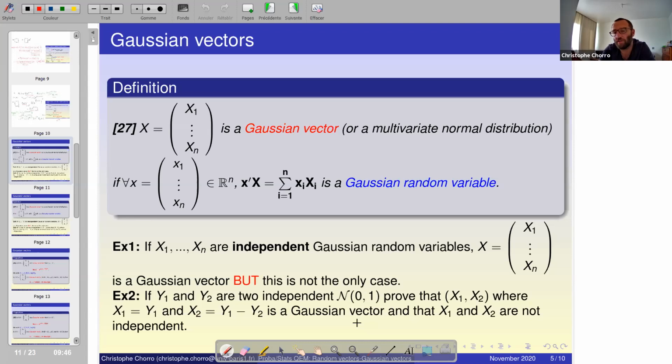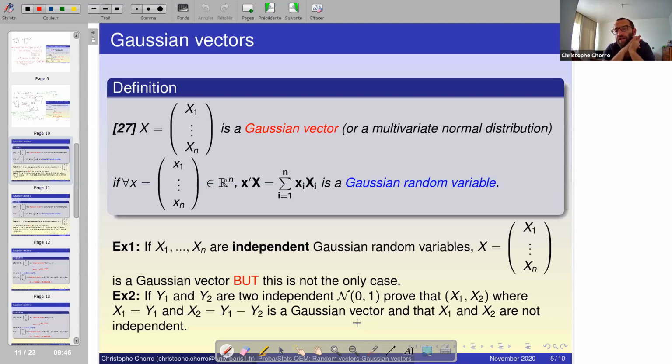We have several things. We have first the fact that we know explicitly its density function, 1 over the square root of 2 pi sigma squared and so on. We have also the moment generating function that is perfectly known, that is exponential of t m plus sigma squared t squared over 2.